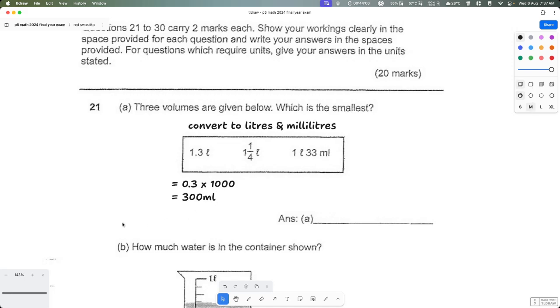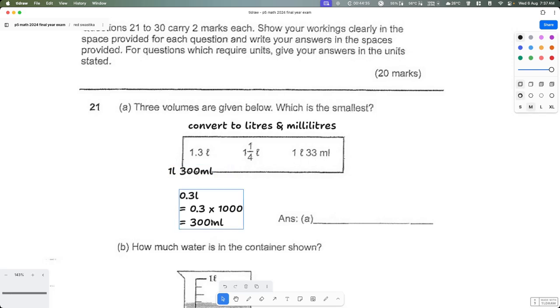So 1.3 liters is 1 liter and 300 milliliters. Okay, so we got this down.